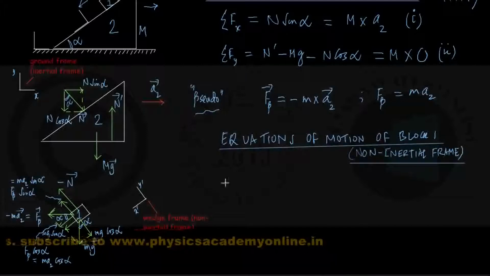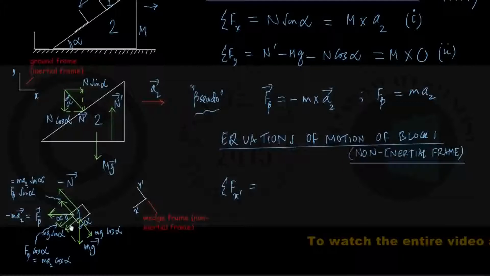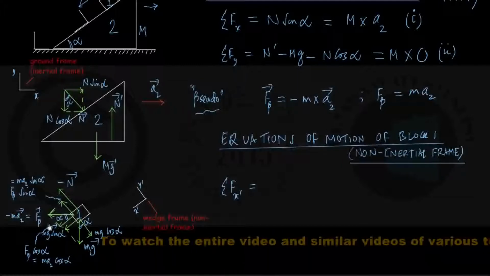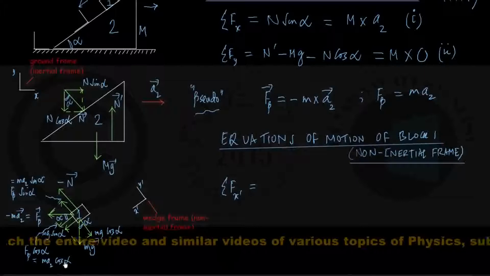First of all, the equation of x motion. So I'm writing sigma Fx dash, that is for the x motion. Let us collect the forces acting on this block in the x dash direction. As you can see, this is coming out to be mg sine alpha. This is the component of the gravity force acting down the incline, and here is the component of the pseudo force whose magnitude is m into a2 into cos alpha.